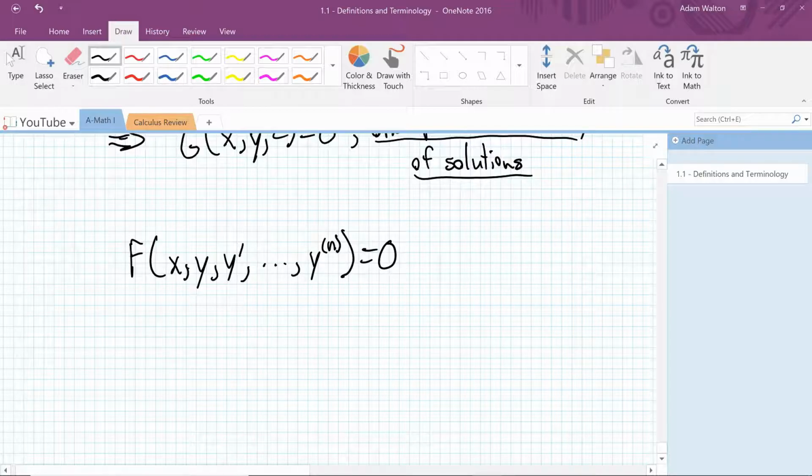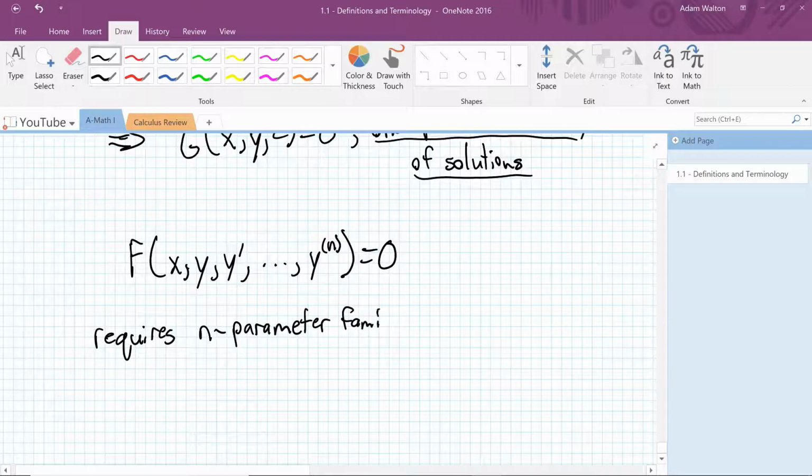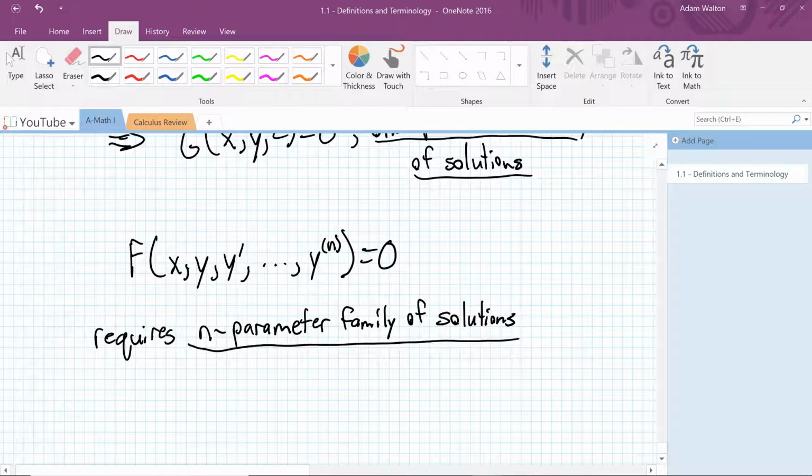this requires an n parameter family of solutions. N parameters. So we're going to have potentially as many parameters as the order of the highest derivative.